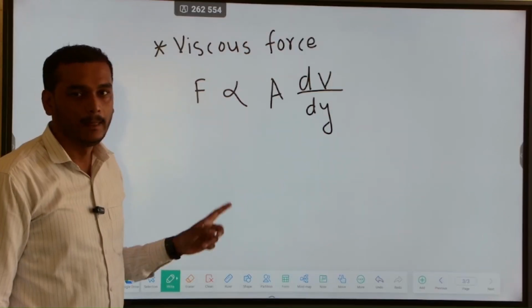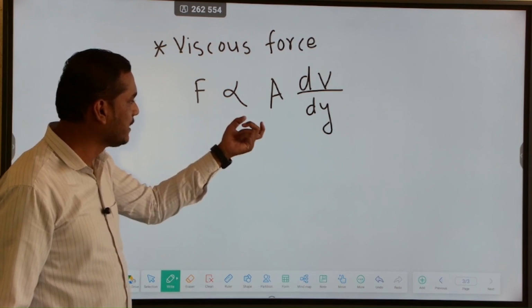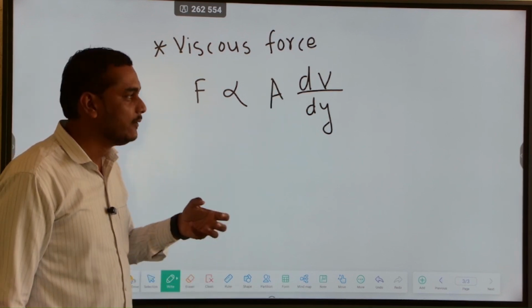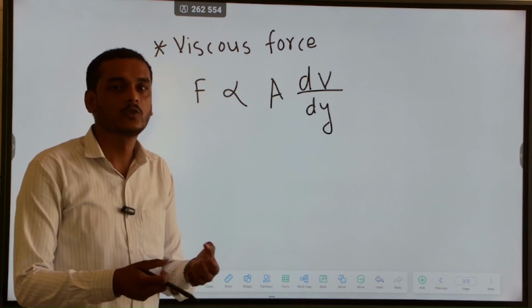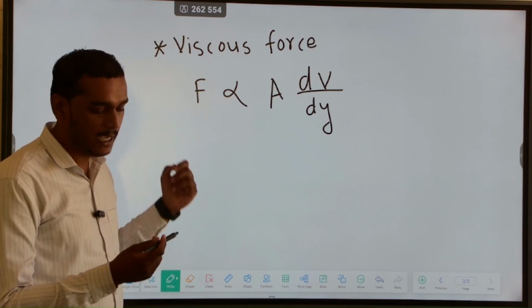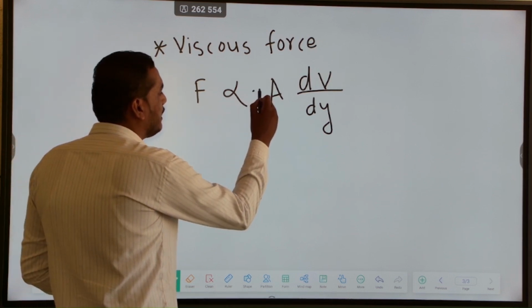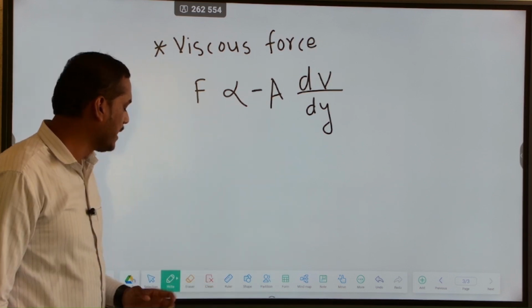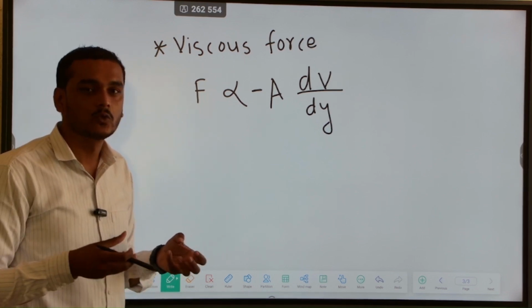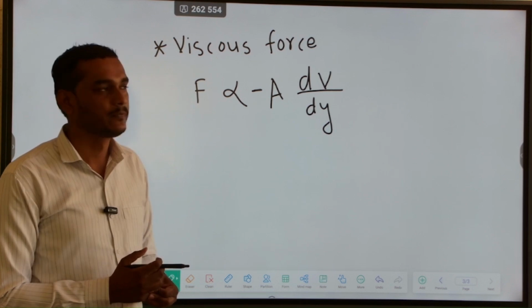Now this viscous force is directly proportional to the area and velocity gradient. We know that velocity gradient tries to minimize the force. Hence, we can write a negative sign here. Negative sign indicates the viscous force tries to slow the motion of the fluid.